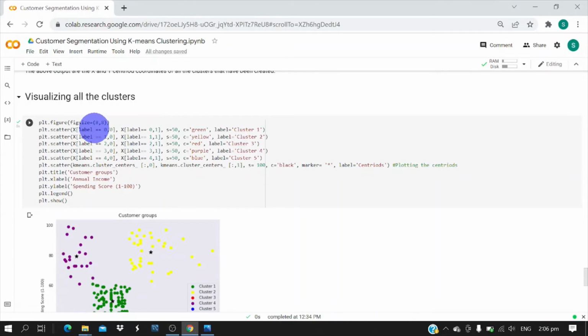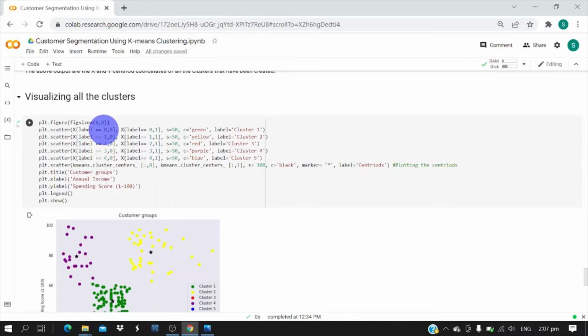So this 0 represents the annual income, which is on the x-axis, and then this 1 represents the spending score, which is on the y-axis. This 0 represents the first cluster, this one represents the 2.